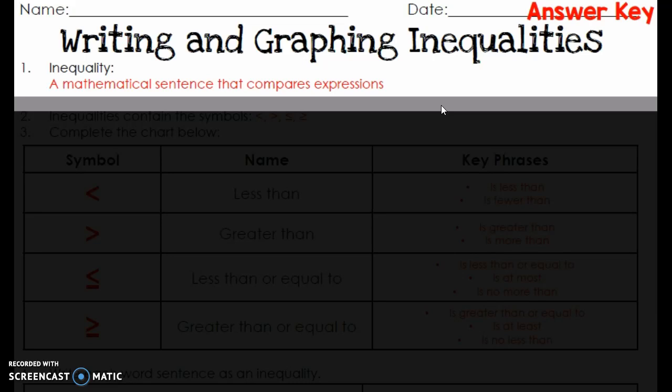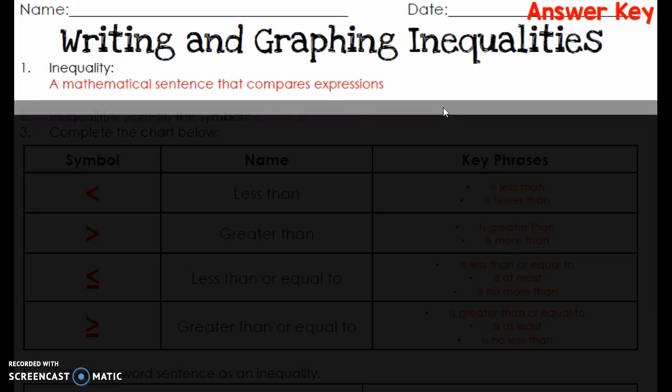So a sentence is like an equation that compares two expressions. So there's an expression on either side of the equation, and we're telling you that one side is probably greater than or less than the other. Please write that down, but please just remember an inequality means that the two sides are probably not going to be equal to each other.